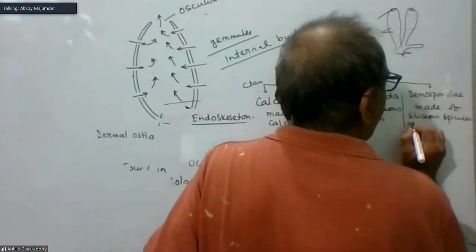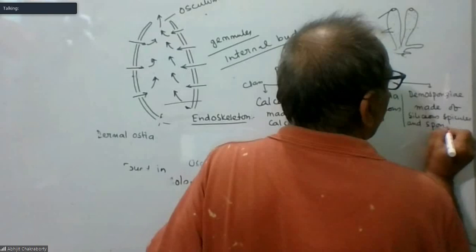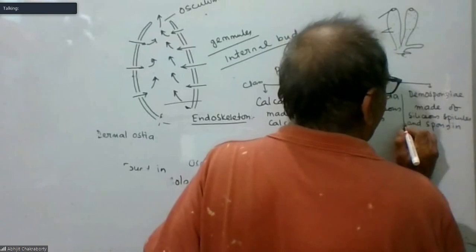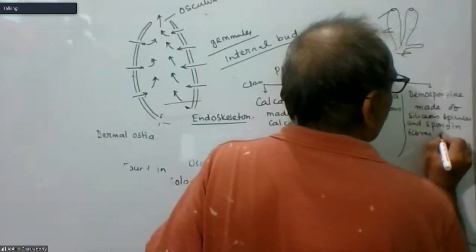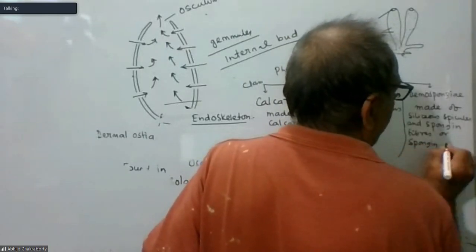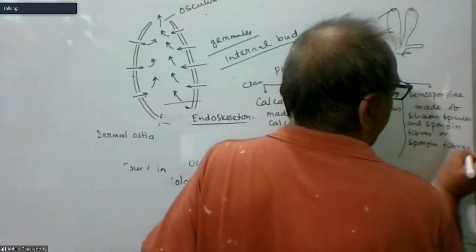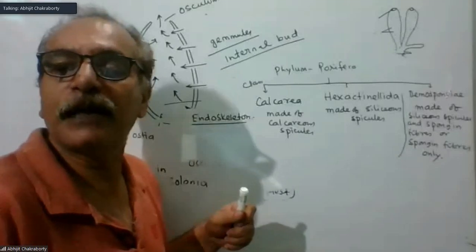Calcarea is made of calcareous spicules.